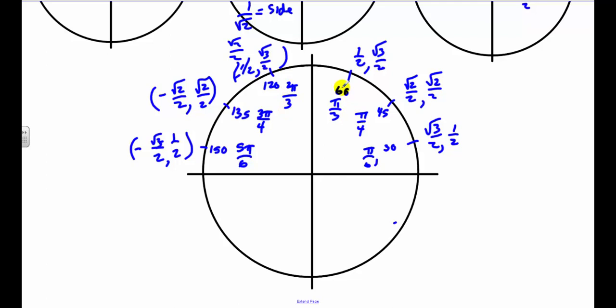Now, at our exact quadrant measures, we've talked about this a little bit before. This is 90 degrees, pi over 2. And if this is a unit circle, I have 0 as my x-coordinate and 1 as my y-coordinate. Likewise here, 1, 0, negative 1, 0, 0, negative 1.